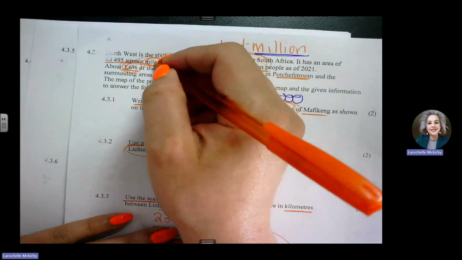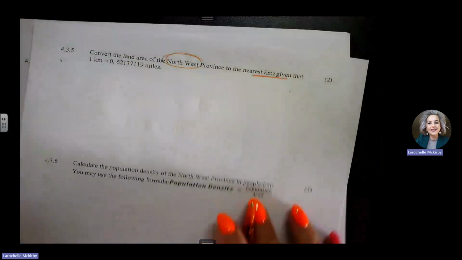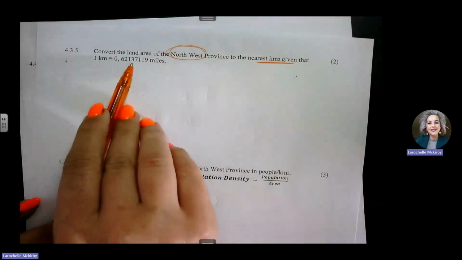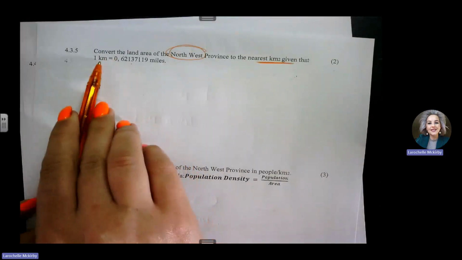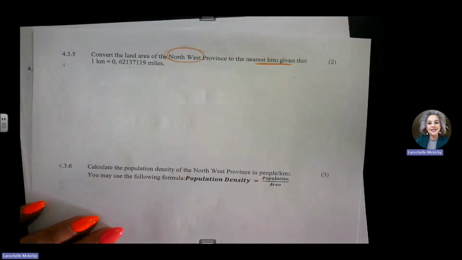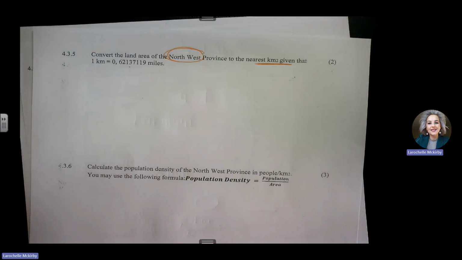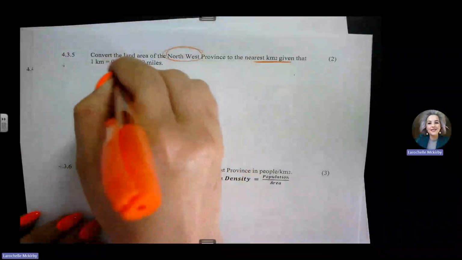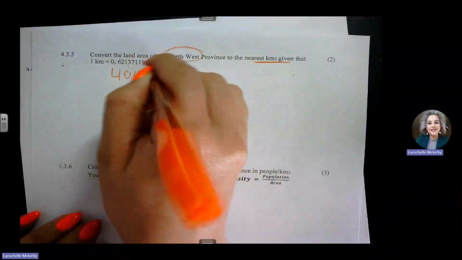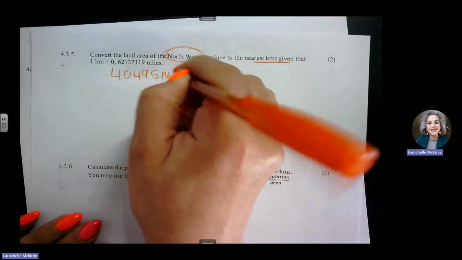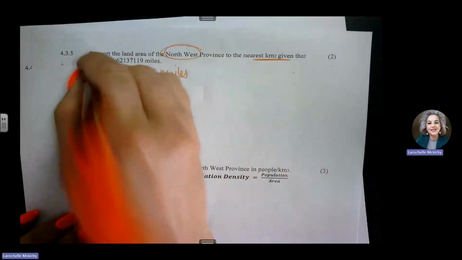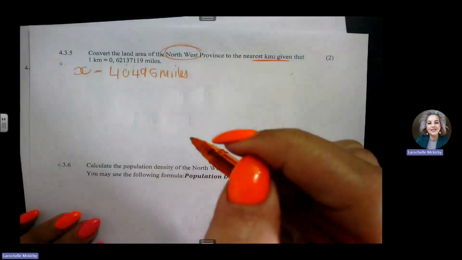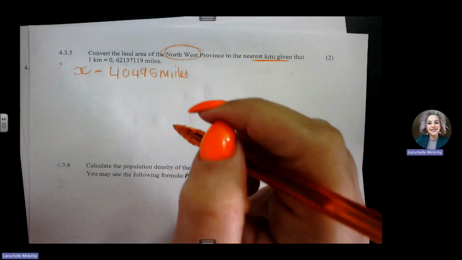That is why they gave it to me in miles, because they needed me to go and convert it to kilometers. So there is another sum where we started with conversions. Now we are again at conversions, and we need to convert the 40,495 miles to kilometers. So I can just cross multiply, or you can do the method that you prefer.